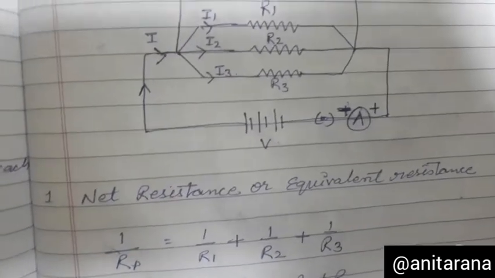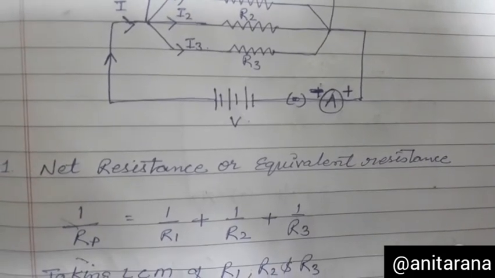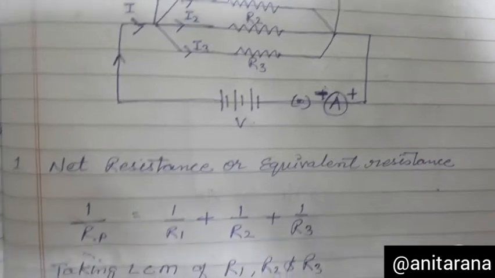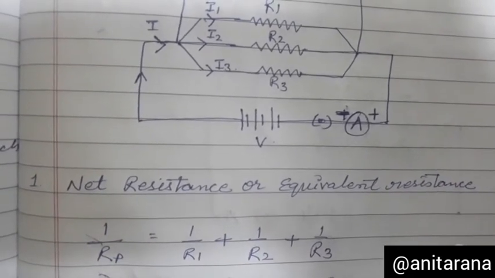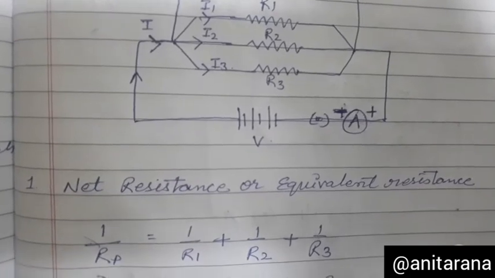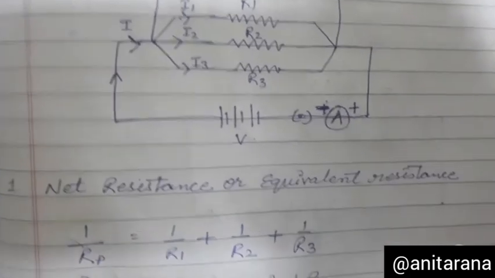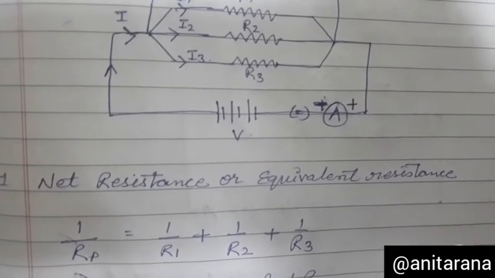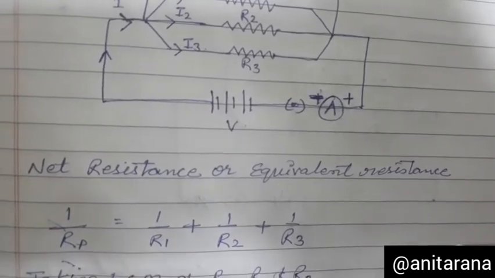Let us study the net resistance or equivalent resistance. Now how can we find the net resistance? We find it by adding the reciprocals of all the resistances: 1 upon Rp, the reciprocal of resistance in parallel, is equal to 1 upon R1 plus 1 upon R2 plus 1 upon R3.